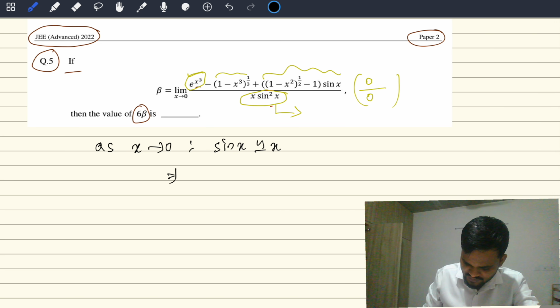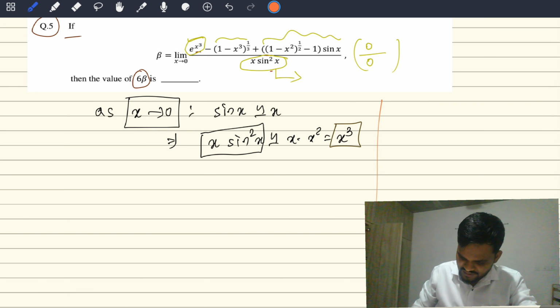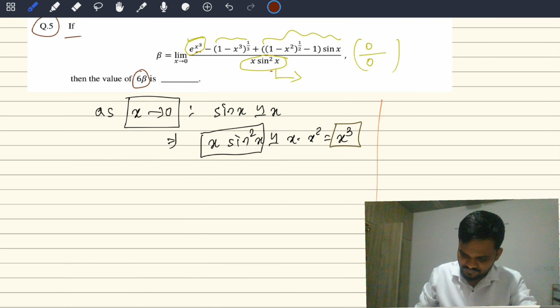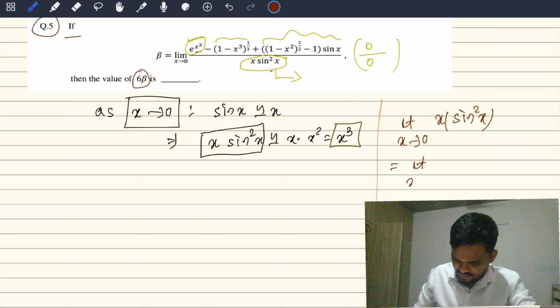Another way to visualize this, if you don't know the above: suppose I am doing the denominator, limit x tends to 0 of x sin square x. How to find this limit? I can write x as it is, and make sin x by x whole square. Since I divided by x square, I need to multiply by x square.